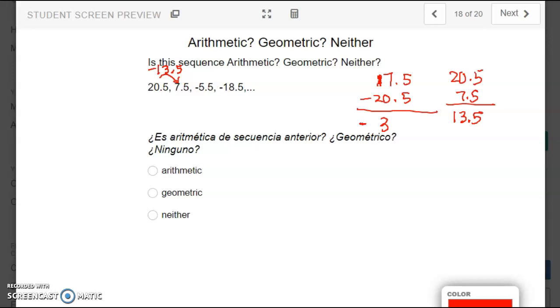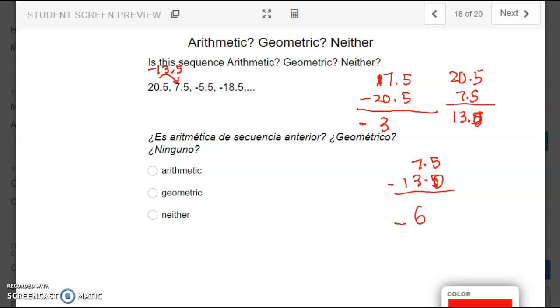So 7.5 take away 13. The answer is going to be negative because I am taking away a bigger number from a smaller number.